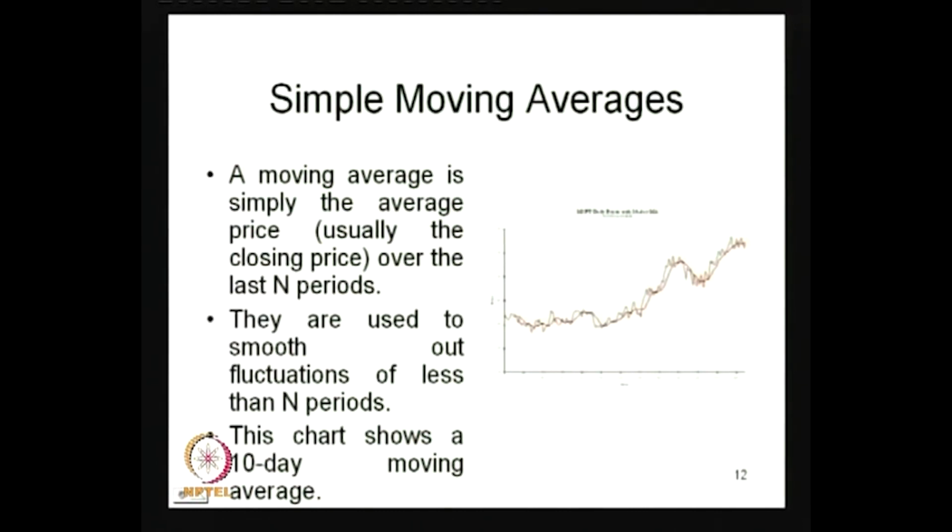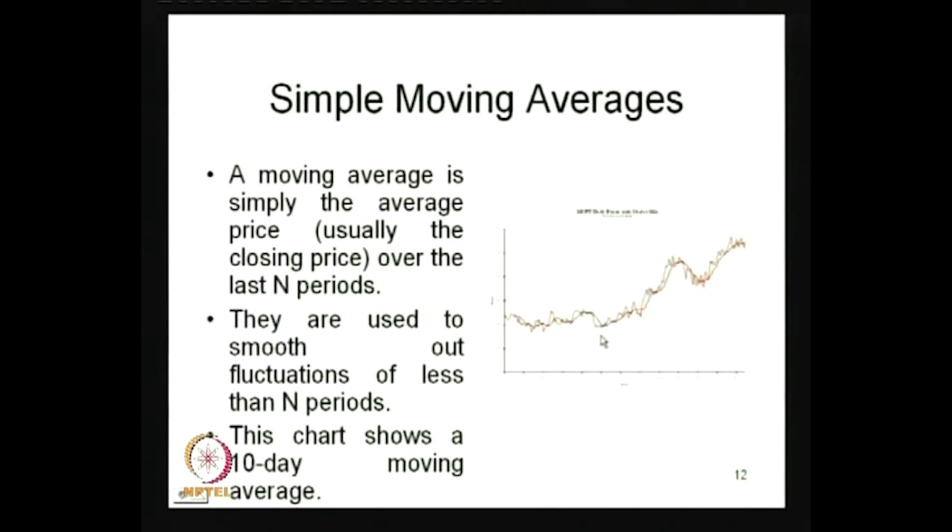This chart shows a 10-day moving average. There are various types of moving averages. It smooths out the fluctuations in a particular period. Here, one particular stock price is showing this behavior, and we have drawn a trend line above that, and from this we can compare how the moving average line behaves by adjusting for the fluctuation in the stock price.